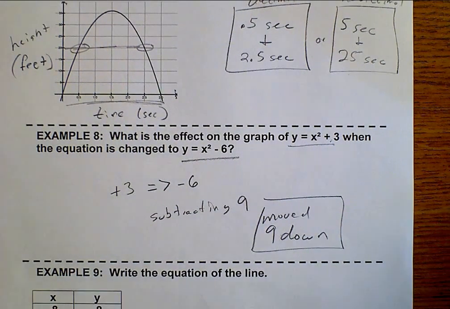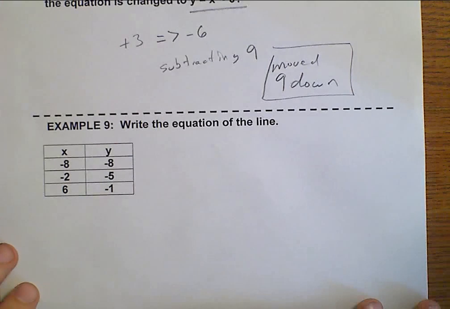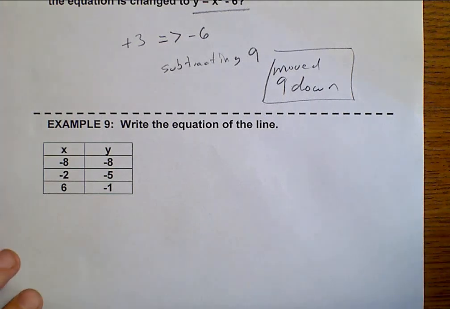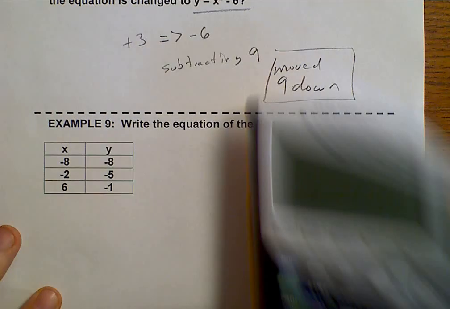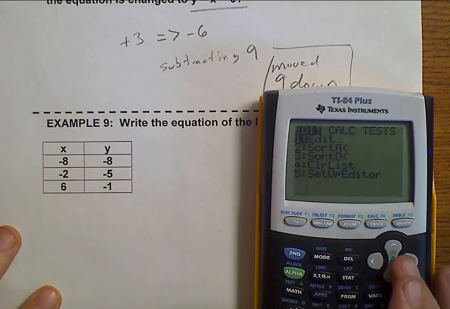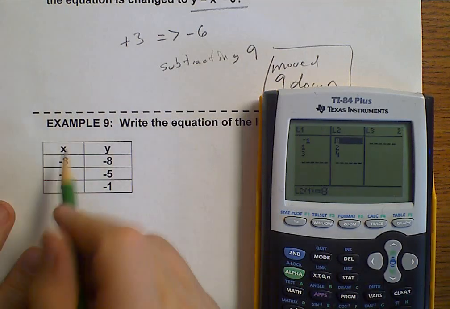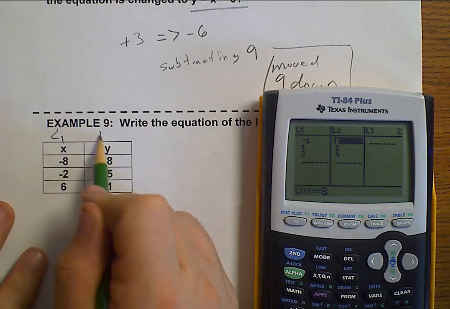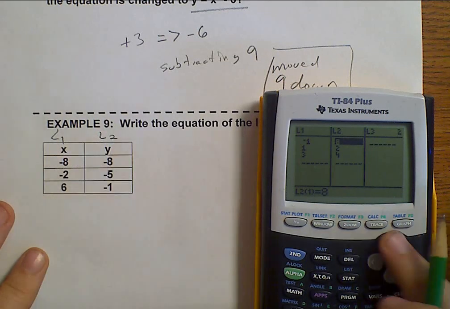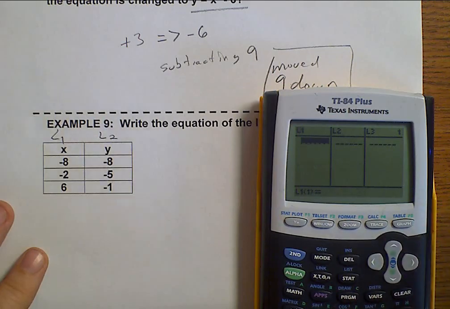And our last example, example number 9, we want the equation of this line. So we're going to go to our calculator, go to Stat, Edit. The x value is going to L1, the y value is going to L2. Negative 8, negative 2, 6, negative 8, negative 5, negative 1.